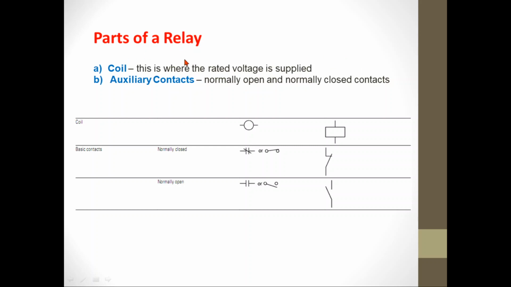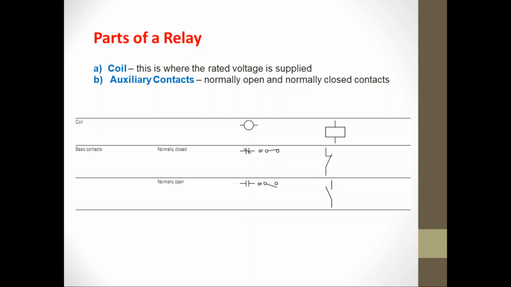For example, if you have a 24 volts relay, then the 24 volts relay must be given 24 volts. If more than 24 volts is given, then the relay will be damaged and burned. However, if a relay is provided with less than the rated voltage, then the relay will not function properly also.